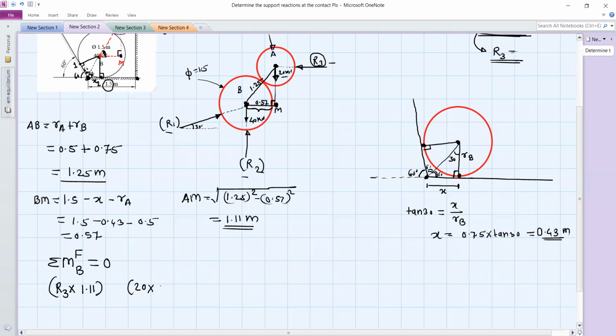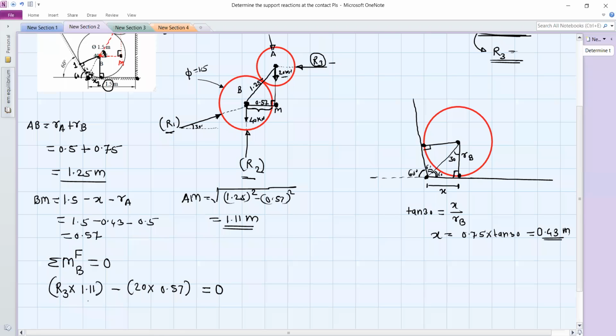Okay, so 20 into 0.57, and this moment will be clockwise about the point B, so it is negative. The other forces, reaction R1 and R2, and this weight 40, all pass through point B, so their moment is 0. So this is minus, and this is equal to 0.